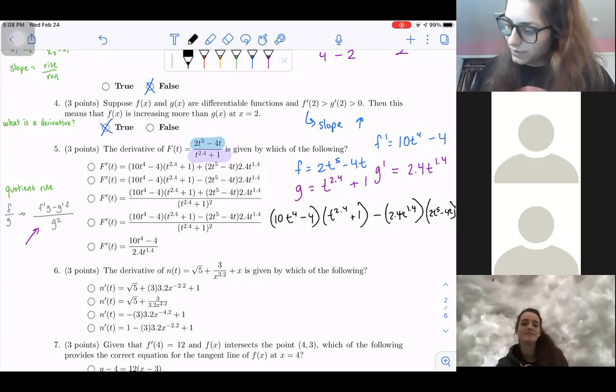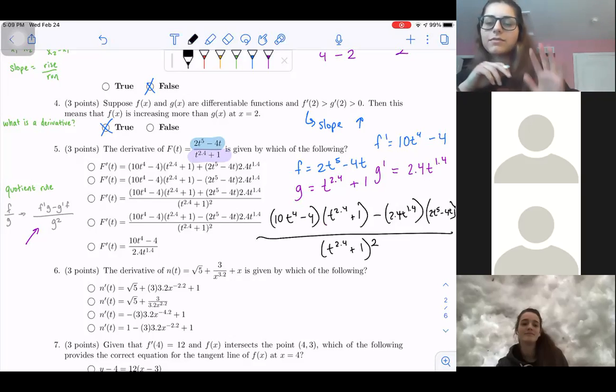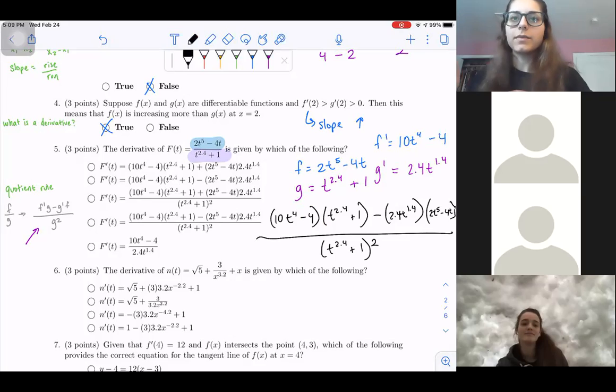Sorry, we're getting kind of squished. Okay, all over g squared, so that is t to the 2.4 plus 1, squared. Okay, and then we don't have to simplify this because our answers are unsimplified, so we just find the one that matches, and that would be the fourth one.